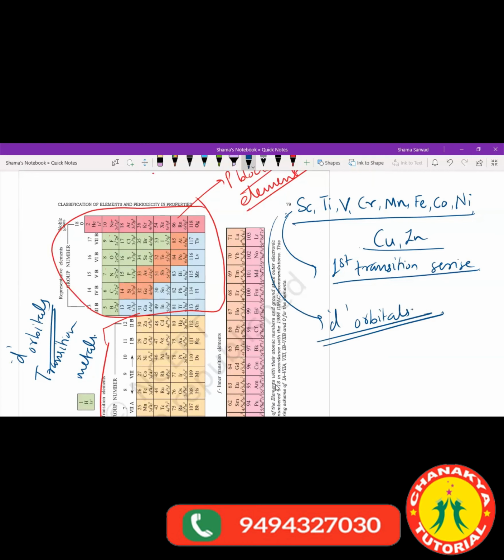Now, when you go for the group, I'll explain only a few things about the electronic configuration of a group. The number of elements present in the group doesn't matter. But the outermost electronic configuration of all the elements is the same in a group.